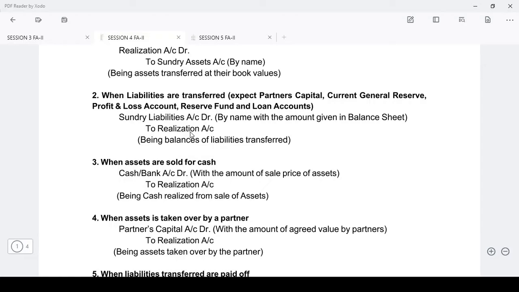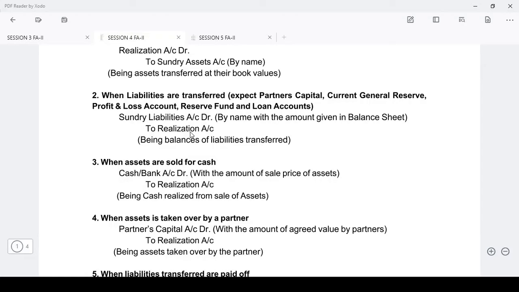The entry would be sundry liabilities account debit to realization account. So all the liabilities will appear on the credit side of realization account.